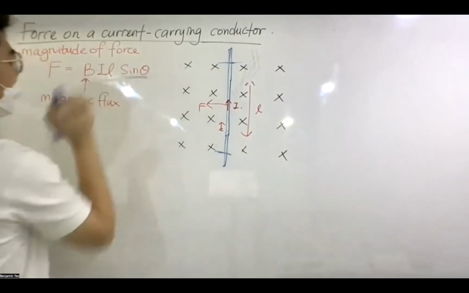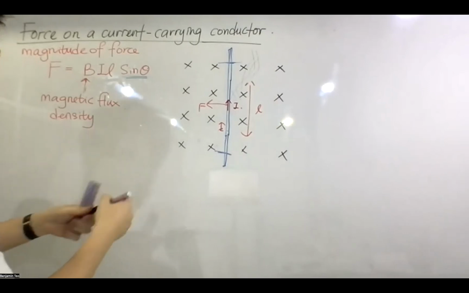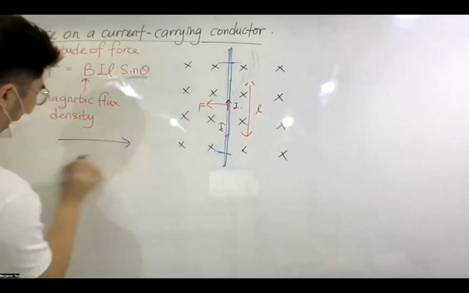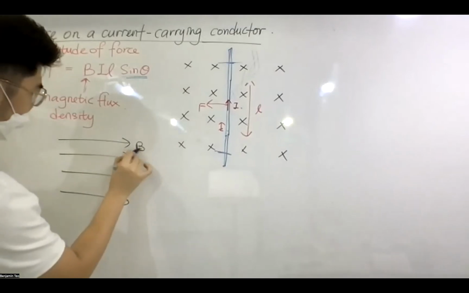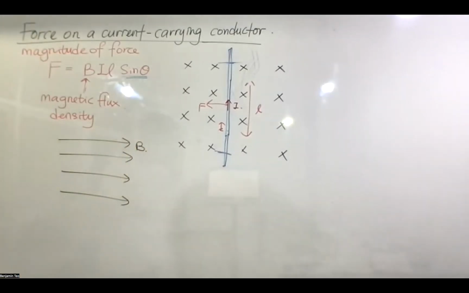Okay, sine theta. If this is my field, magnetic field B, pointing to the right, like this.